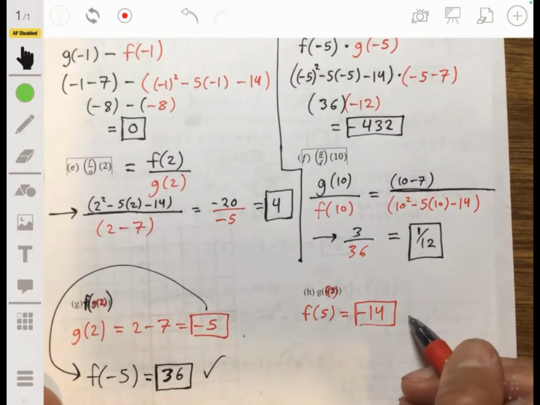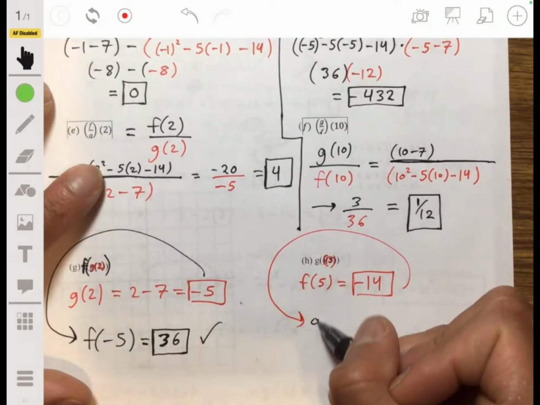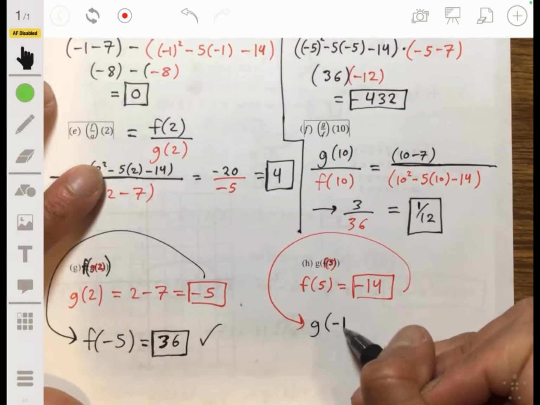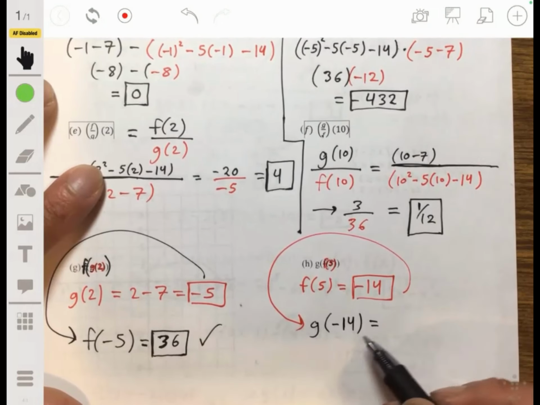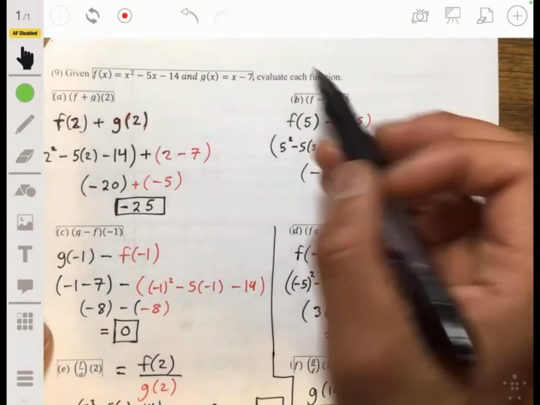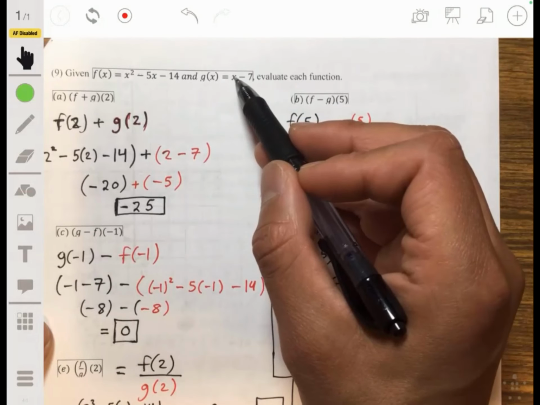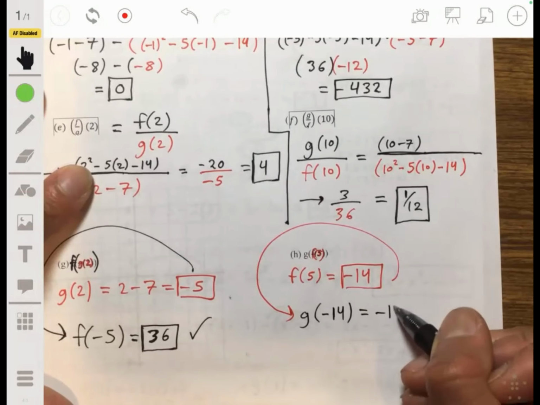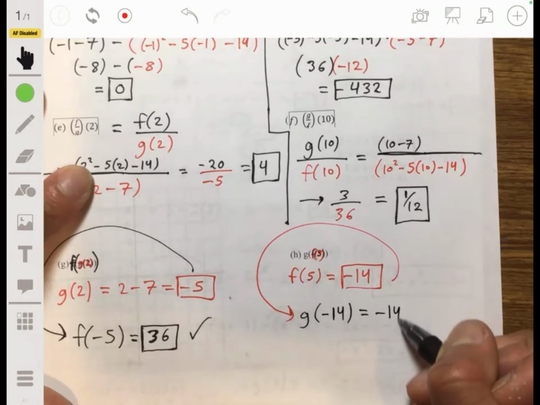This negative 14, then we plug it into g. So we're going to take g of negative 14. So plugging negative 14 into g of x, we're going to get negative 14 minus 7. And our final answer will be negative 21.